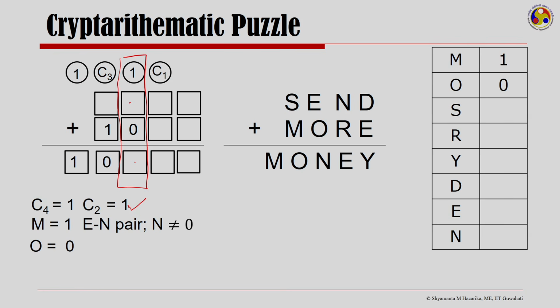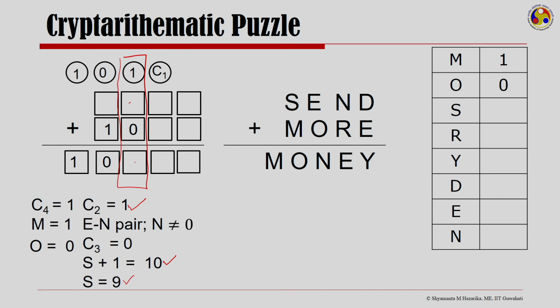Once I realize the carry forward C2 is 1, I then take one step further and assume C3 to be 0. Once I take C3 to be 0, I have S plus 1 is equal to 10, because that is a carryover. So, S plus 1 is equal to 10 gives me S is equal to 9.